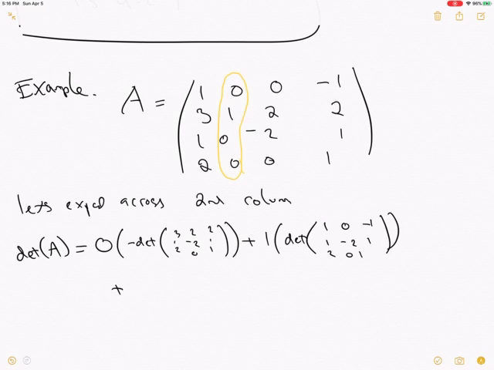And then you get a plus 0. Again, because that entry will be negative determinant of the submatrix. If you delete that entry, the third 0 in yellow, then you get this matrix. So we are basically just avoiding the yellow region, and then we have to eliminate one of the rows, the third row.